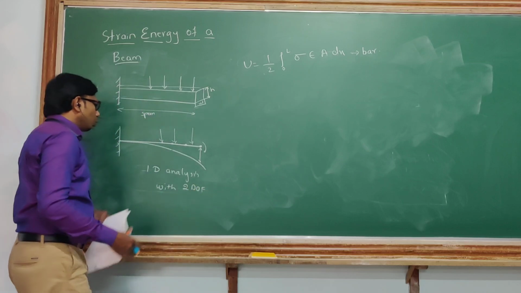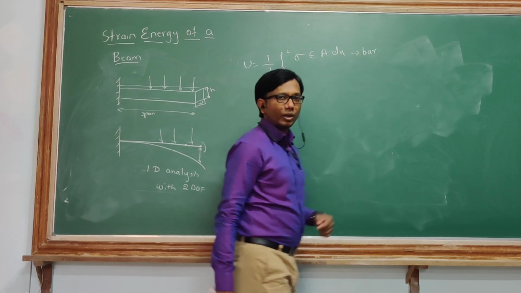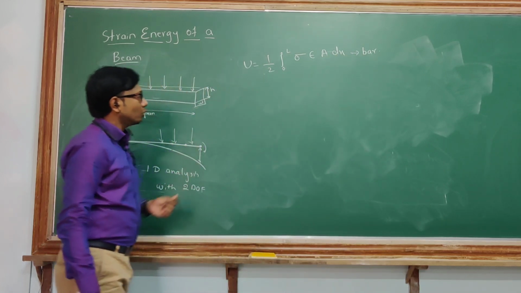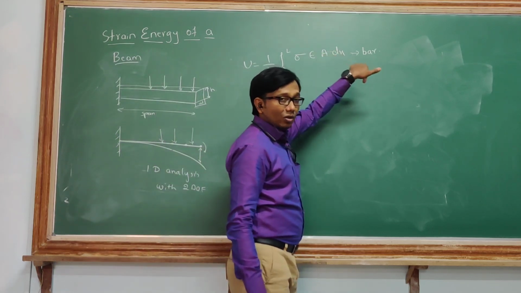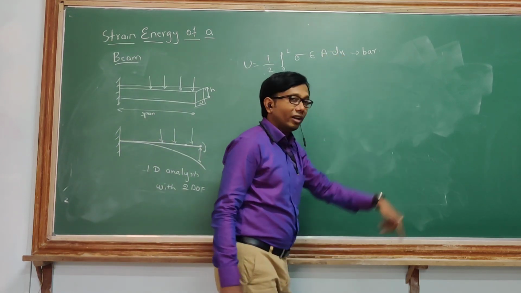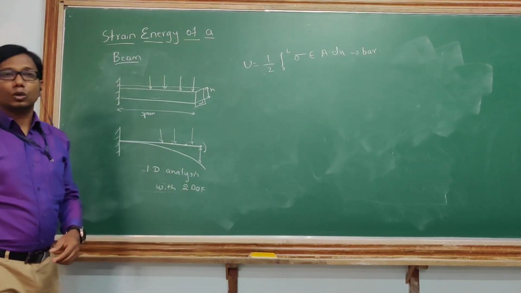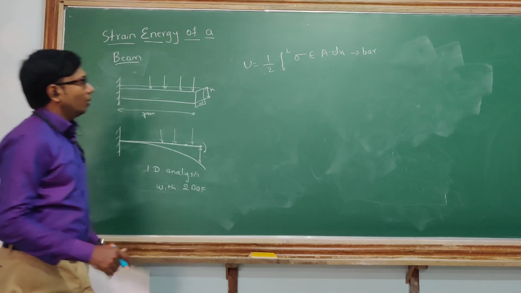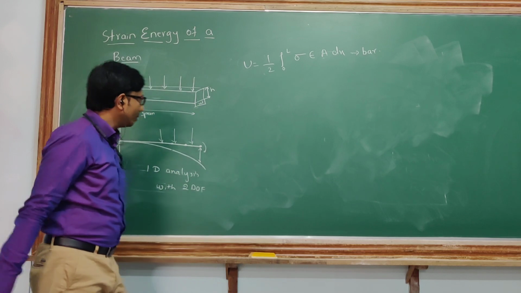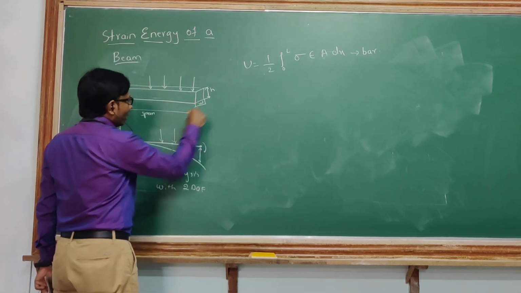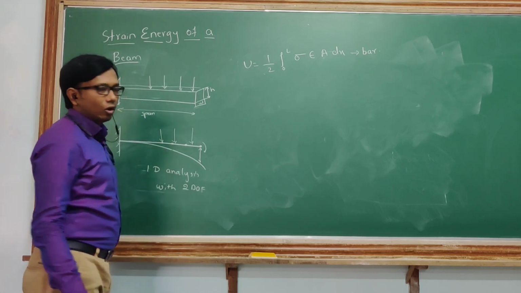Now when 2 degrees of freedom come, you can't use this particular equation. When we were solving a bar problem, we took the area as a constant and the variable was only 1 degree of freedom. Now the variable is 2 degrees of freedom, so the area also will change, because the height and the width will also change.